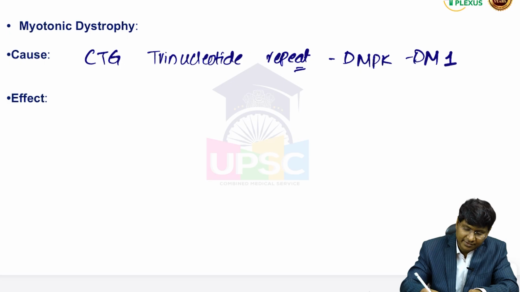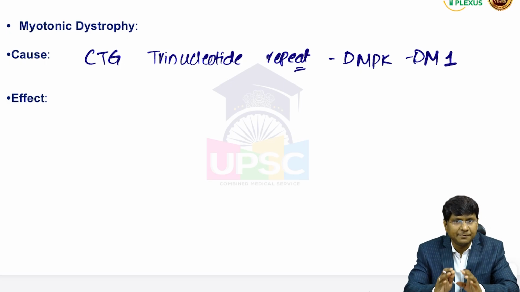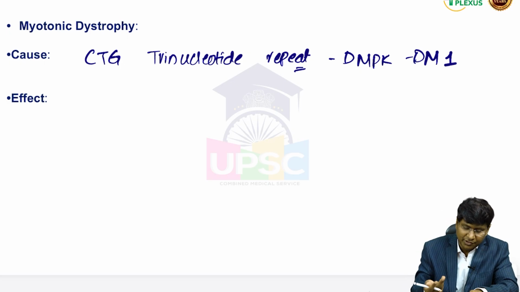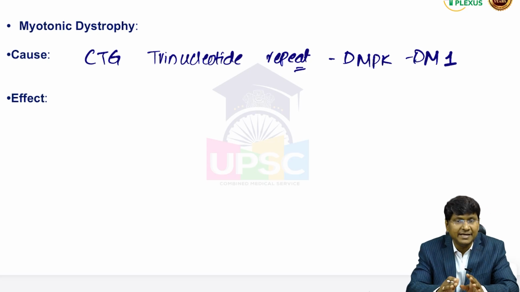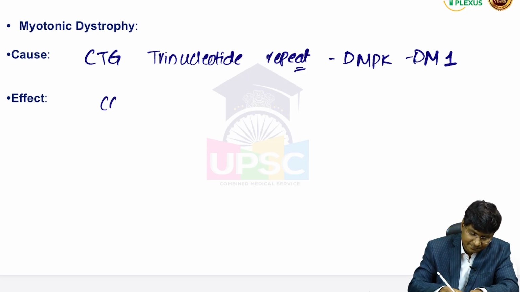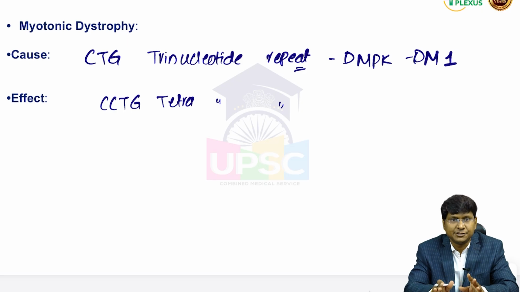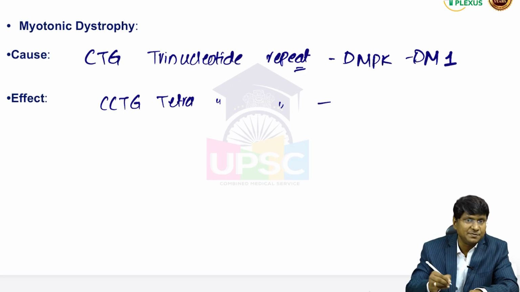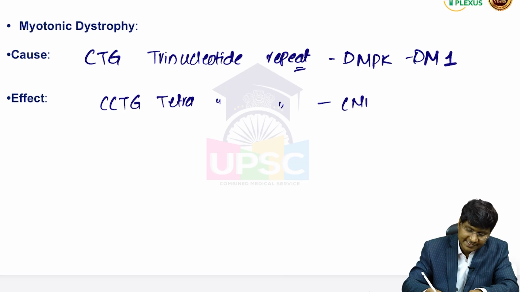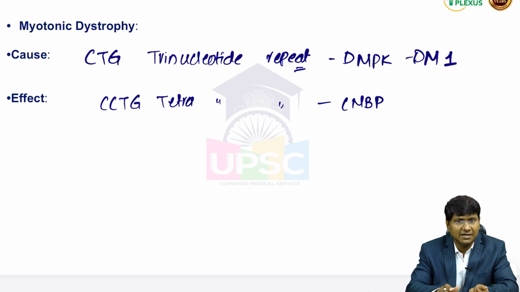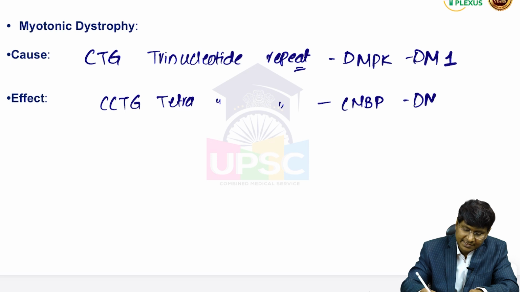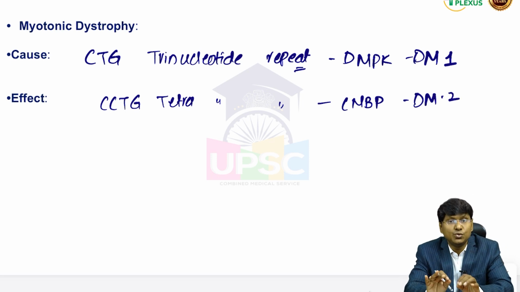So DM1 stands for myotonic dystrophy type 1. And the other important form of the repeat will be CCTG tetranucleotide repeat expansion, and the gene that is defective is the CNBP gene, and it is DM2, myotonic dystrophy type 2, that is affected here.